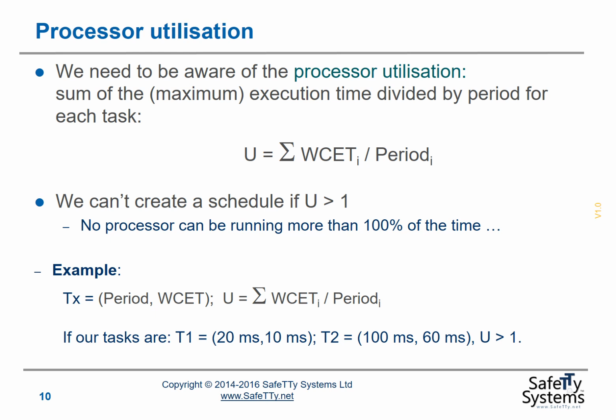So this task uses up 50% of the available CPU load. This one uses up 60% of the available CPU load. So our utilization is greater than 1, and we can't schedule this task set. A basic processor utilization test, or a test for the average CPU load, is a useful sanity check when we're dealing with any sets of periodic tasks.